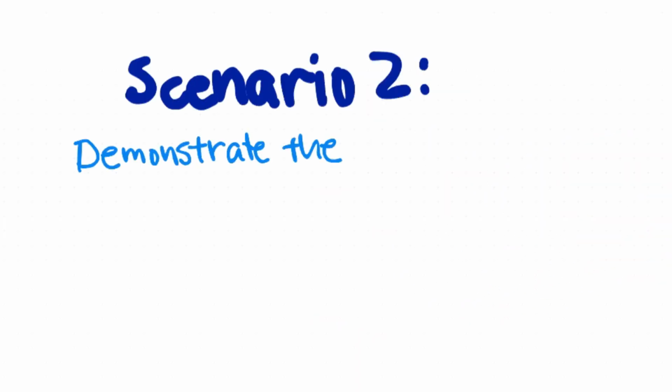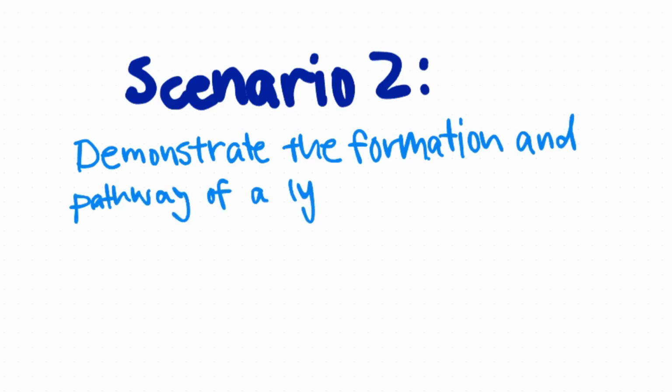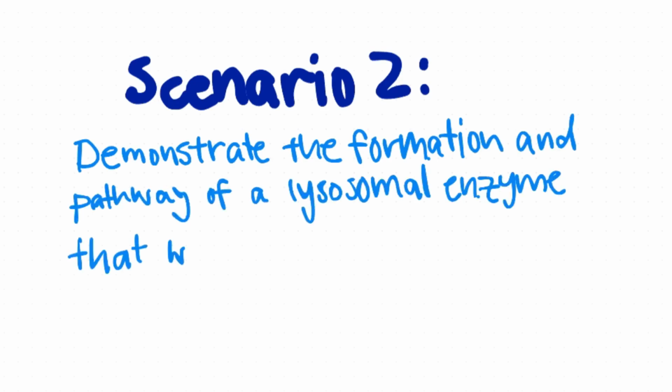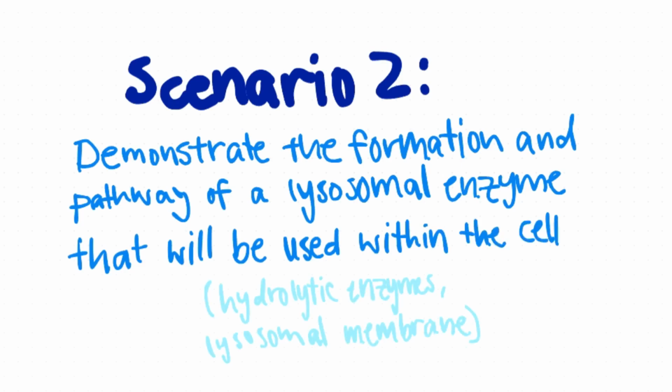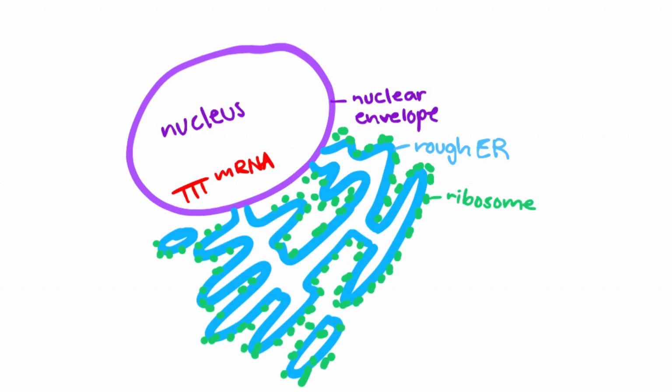Scenario 2. Demonstrate the formation and pathway of a lysosomal enzyme that will be used within the cell, hydrolytic enzymes found in lysosomes. Similar to the formation of the secretory protein, the mRNA will leave the nucleus through the nuclear membrane and attach to a ribosome, which will produce a polypeptide chain.